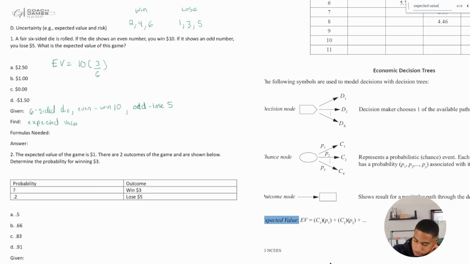Are we done? Or is there another combination, a possible outcome that we can use? Okay. I think there's a C2 involved in this. So C2 is that I lose 5, so we're going to say minus 5. All right. So this is plus 10 minus 5. And what is the probability that I lose the $5? Well, I think it's the same in this case. 3 out of 6.